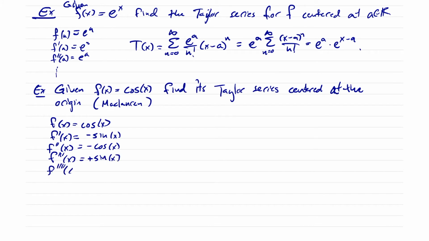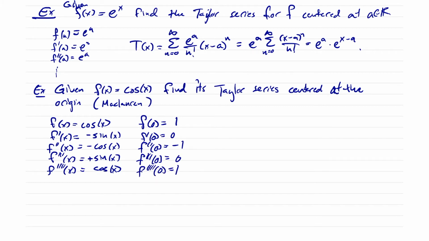F, the fourth derivative at x, is equal to cosine of x. Okay, now at 0, f of 0 is going to give us 1. F prime of 0 is equal to 0. F double prime of 0 is equal to -1. And f triple prime at 0 is equal to 0. And f quadruple prime of 0 is equal to 1. And after that, everything just keeps repeating.